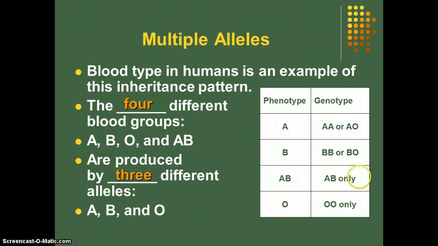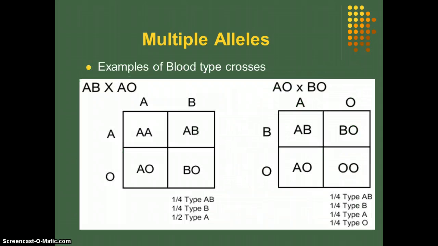I'm sorry, let me back that up a little bit. If you're going to be AB, you've got to get A and B from mom and dad. O would be O and O only. No A's, no B's, or AB. You can only get an O from both parents.